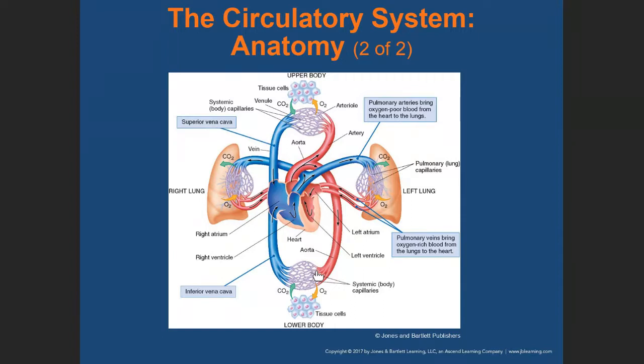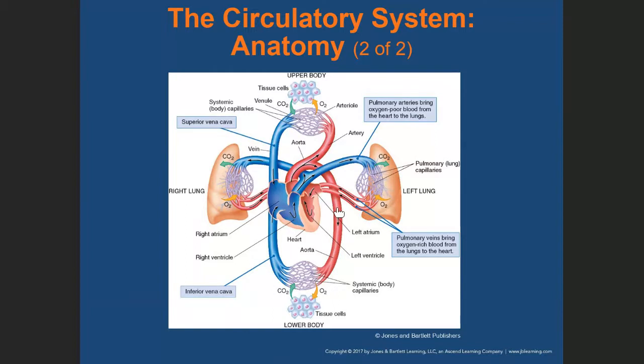Then these veins will further form the inferior and superior vena cava, and the process occurs again. So it's a closed network, right? The circulation of blood within the body is a closed network. If the network were open, the patient would bleed to death. All right.